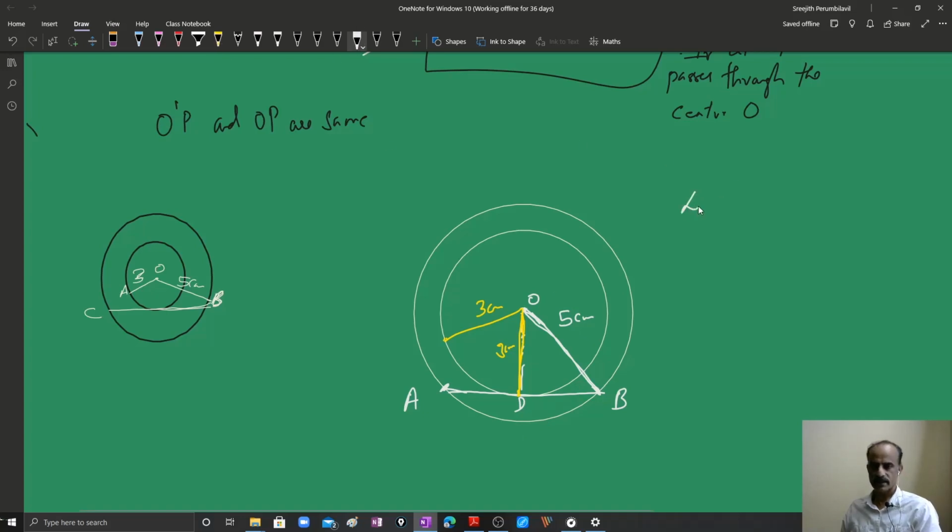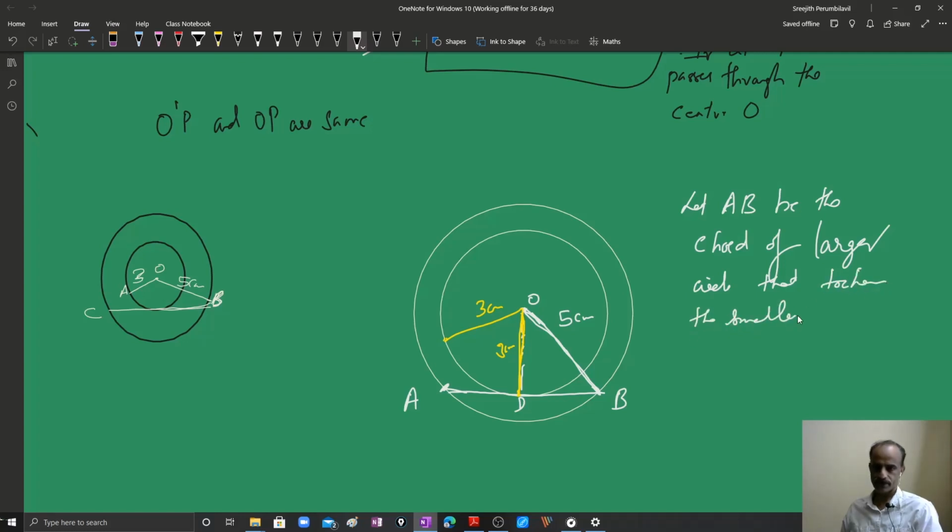So let AB be the chord of the larger circle that touches the smaller one. To find AB.